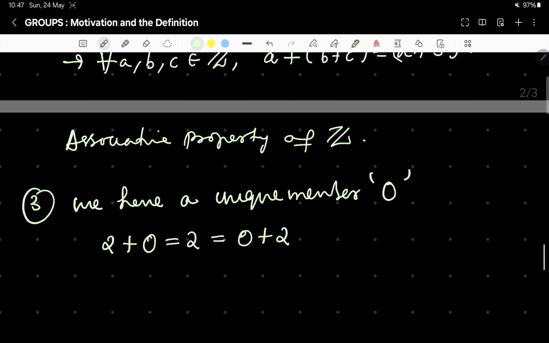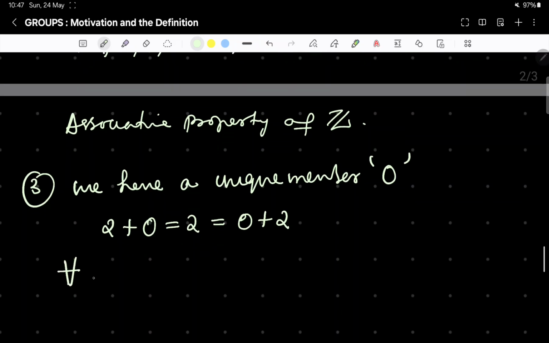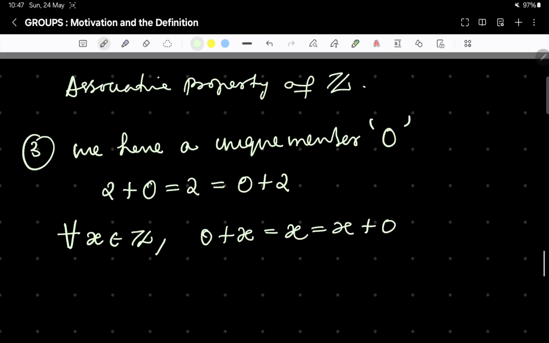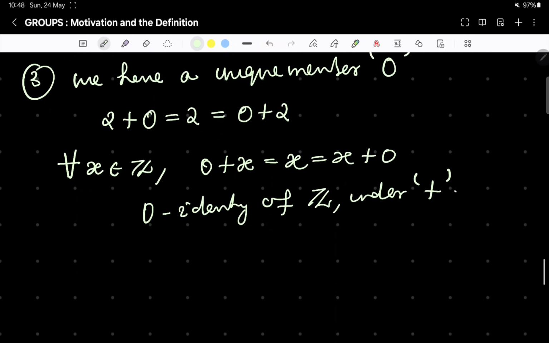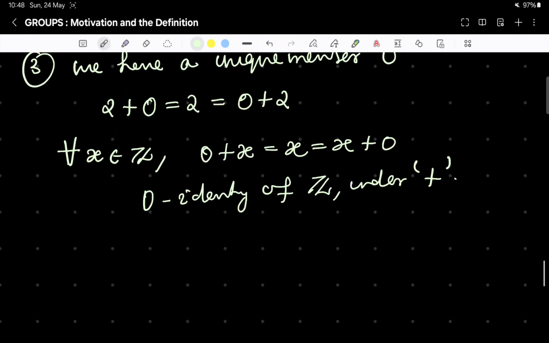So what you can observe is, for any integer x, you can see this property: 0 plus x equal to x and x plus 0 equal to x. So we call 0 the identity of Z under addition, under the operation plus. So such a member exists, right? So we observe that property. We can call it the existence of identity, right?